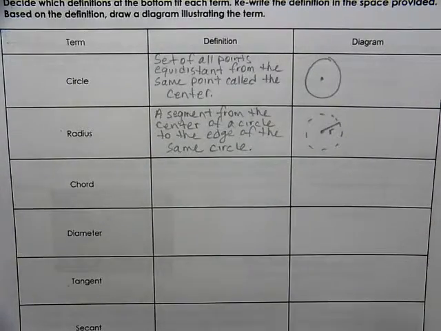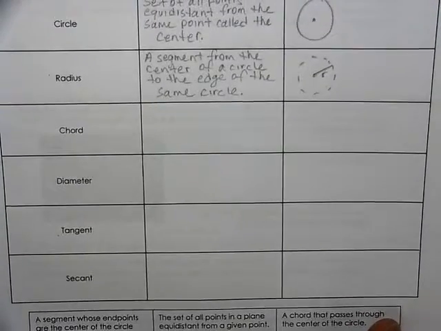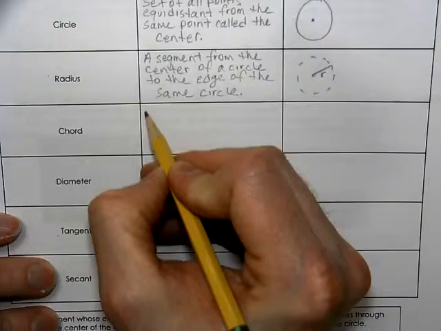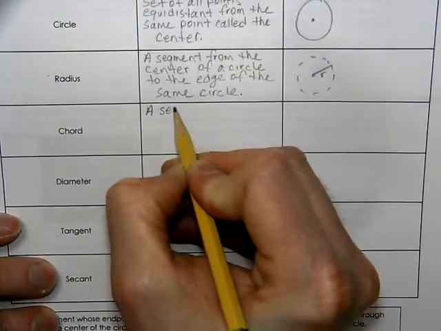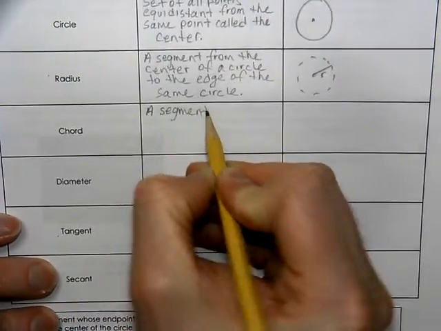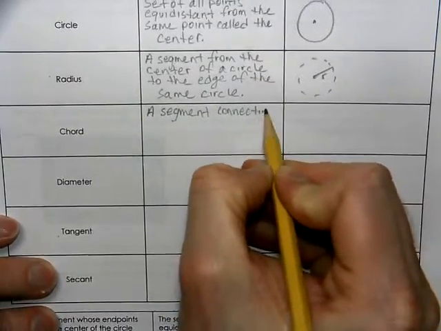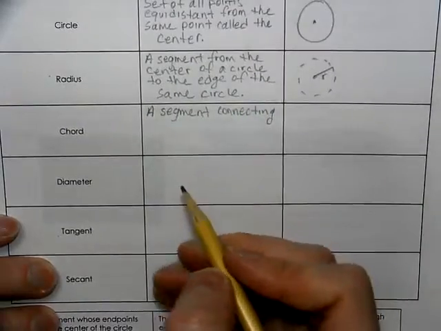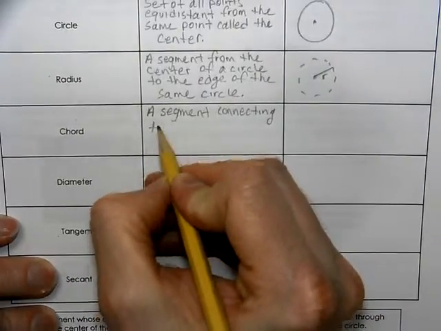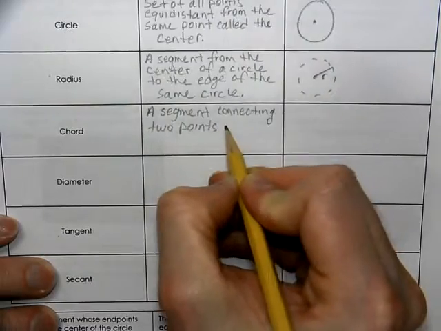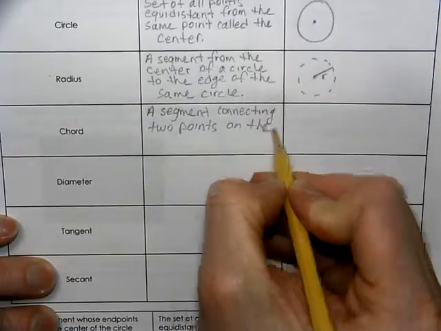Now, this is a new one for us this year. This is called a chord, not a chord, a chord. A segment connecting 2 points on the circle.